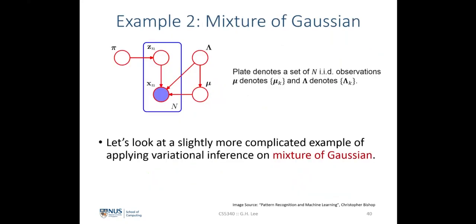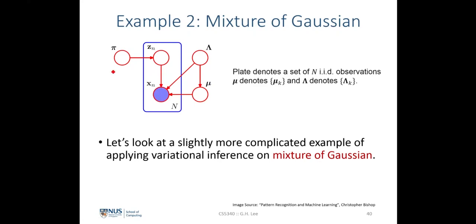Now let's look at another, slightly more complicated example, the mixture of Gaussian distribution, where the graphical model is given by this example here. This is what we have seen in the lecture on EM and the mixture of Gaussian distribution. Here, X represents all our observations, the individual observation, and Z represents the latent random variable that tells us which cluster or assignment xn should belong to.